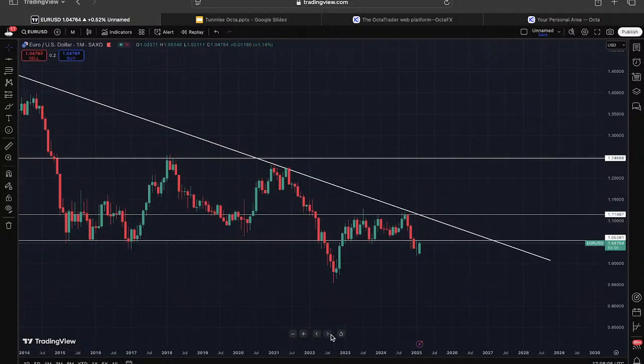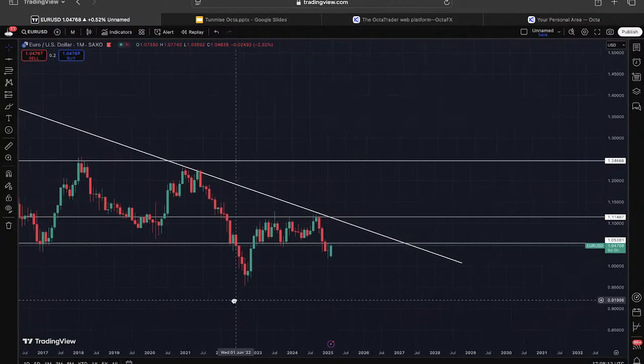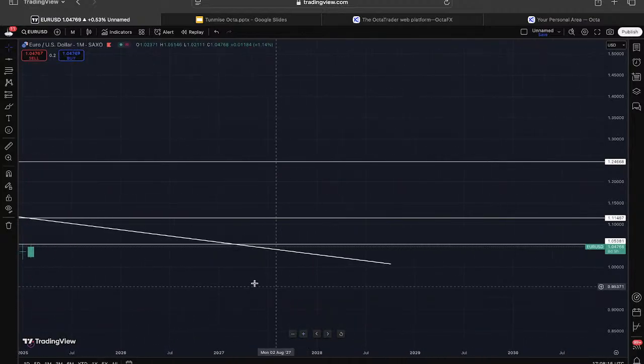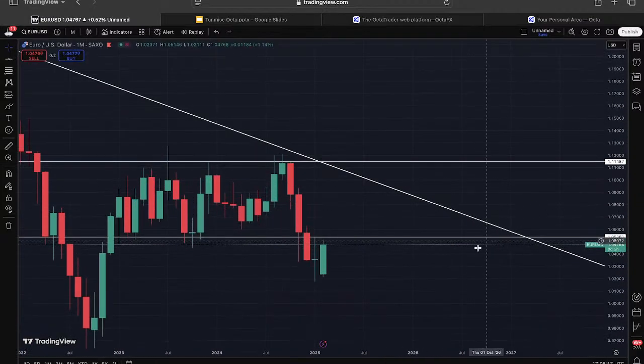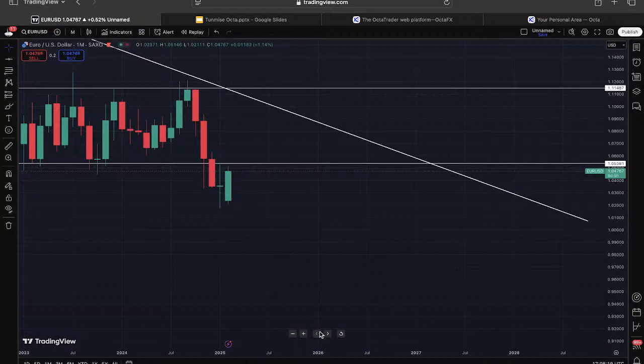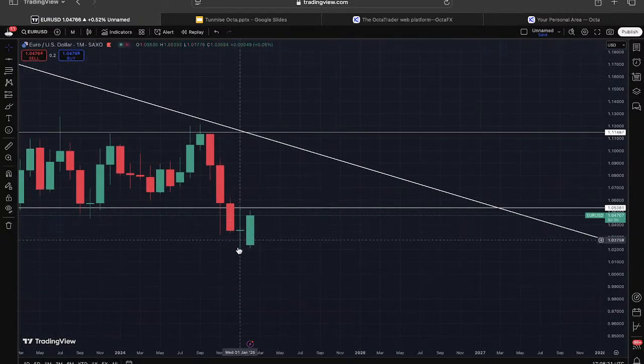Now when you look at the second to the last candle here, let me bring it out and zoom in. Now what did you observe at the second to the last candle?